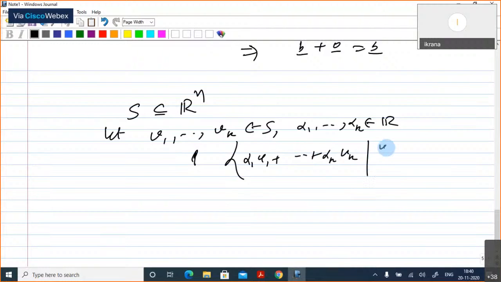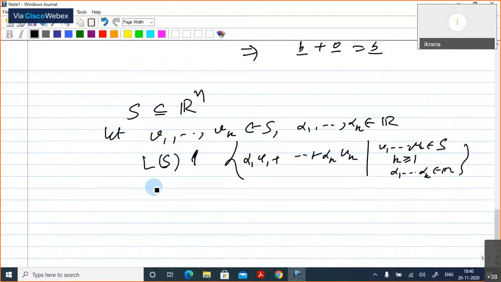You can take any finite number of them. So this is what the linear span is.